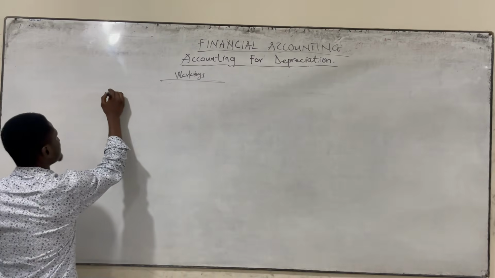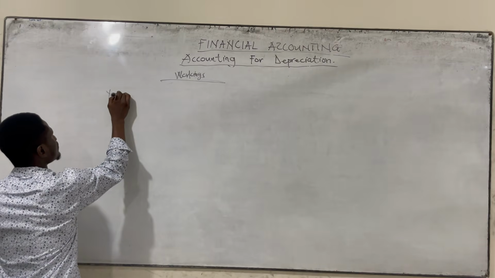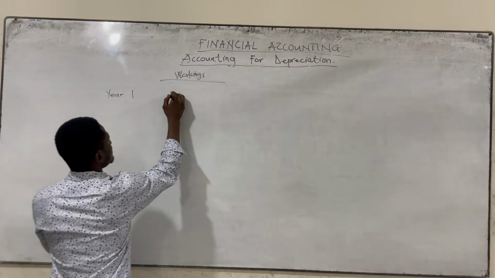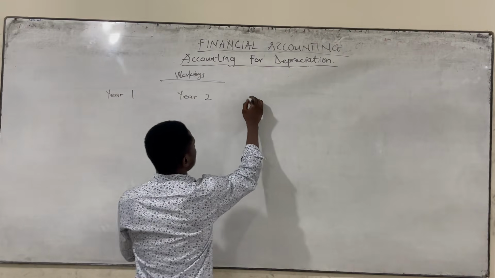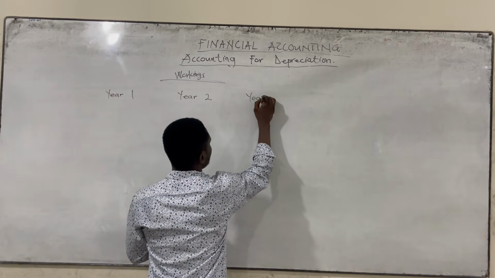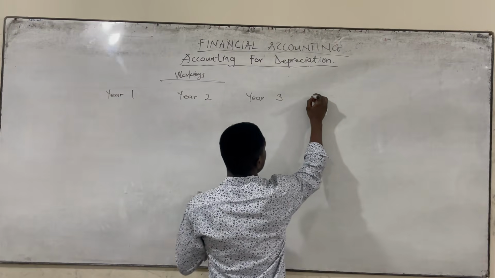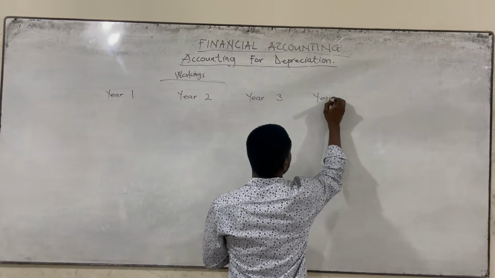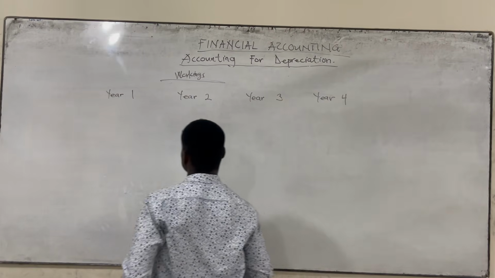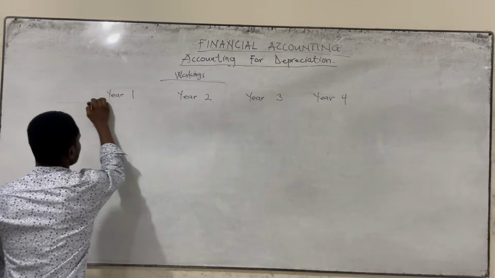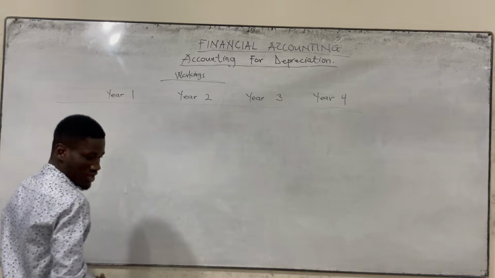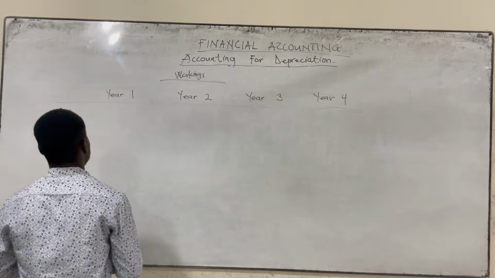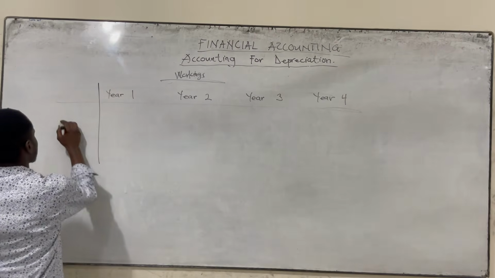So let's say year 1, year 2, year 3, and year 4. Okay. And the asset here was plant and machinery, right?